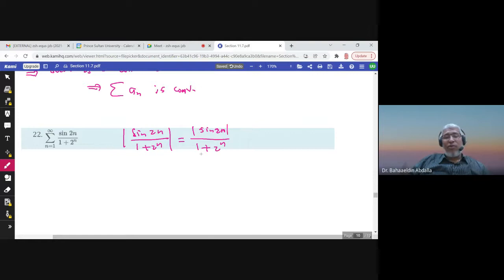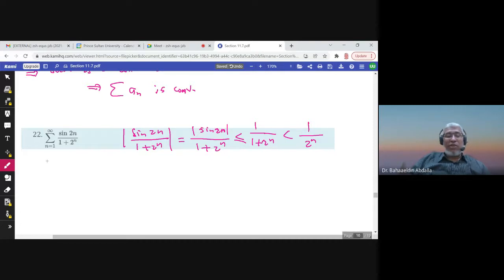But now I can write this less than or equal to 1 over 1 plus 2 to the n, because sine 2n is always between -1 and 1, so its absolute value is less than or equal to 1. And I still can write this less than 1 over 2 to the power n and remove the 1 from the denominator, because 1 plus 2 to the power n is greater than 2 to the power n. So 1 over would be less than.